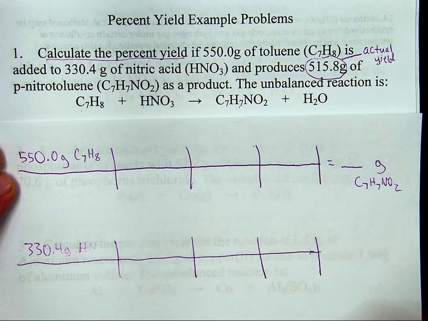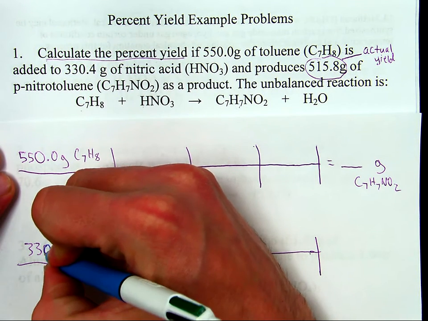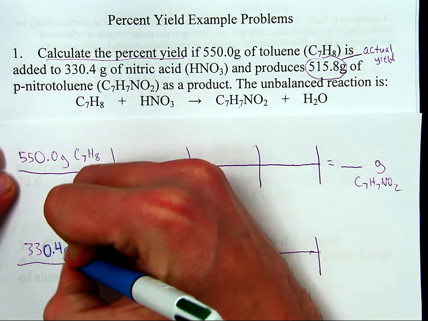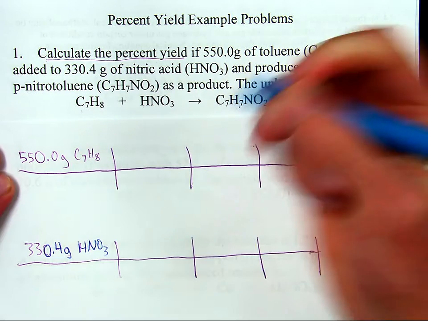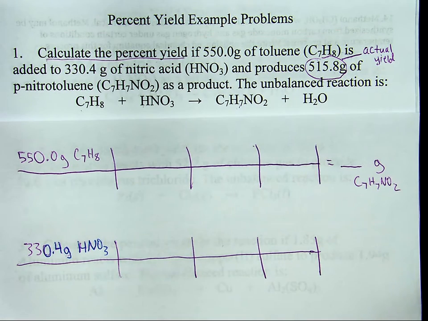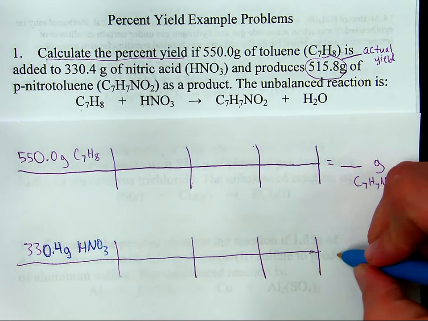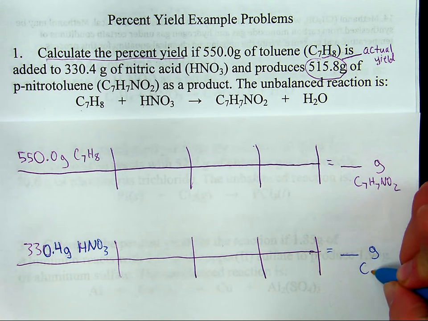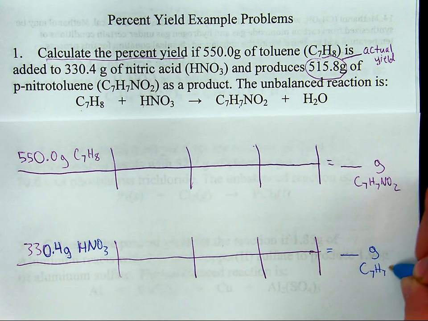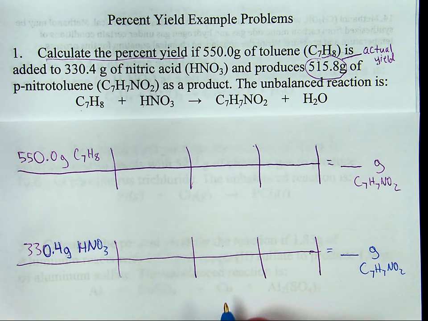Okay, we'll continue with another color. Okay, and this too will be solving for some number of grams of that one product, C7H7NO2.